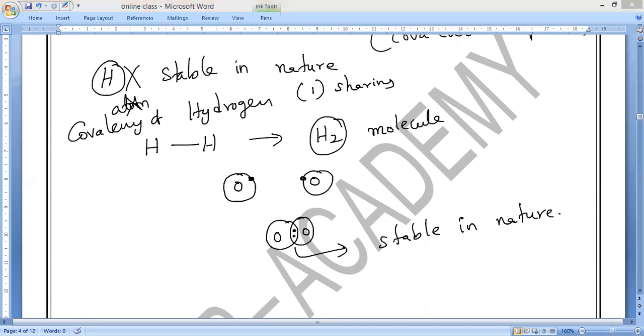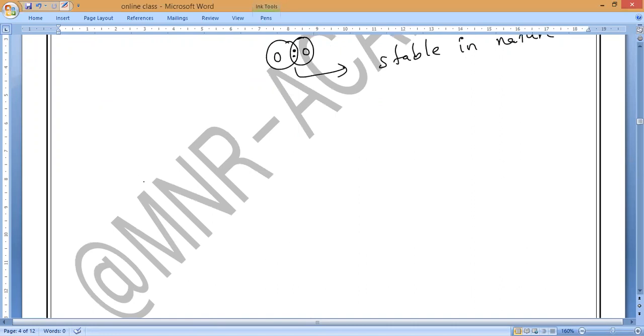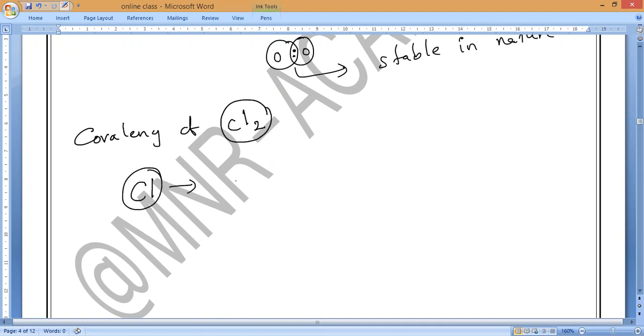Next, covalency of chlorine. Covalency of chlorine, how much will it come? We cannot write Cl, we write Cl2, because one chlorine atom cannot survive alone. The configuration is 2, 8, 7. Yes or no? Another chlorine also combines, 2, 8, 7.